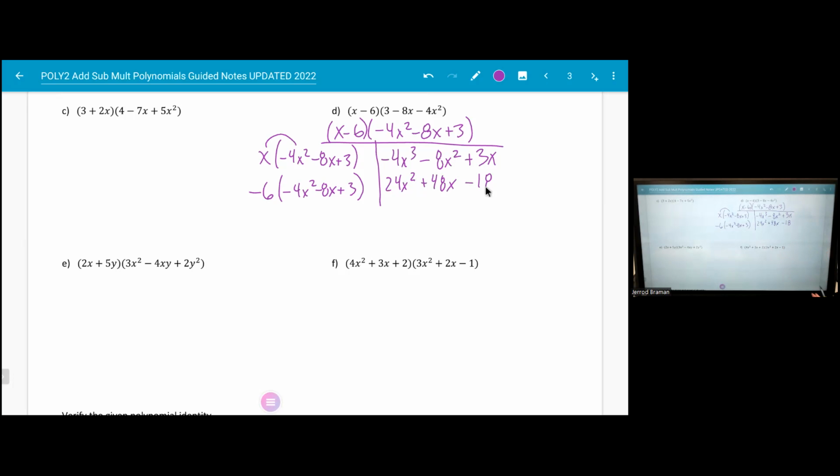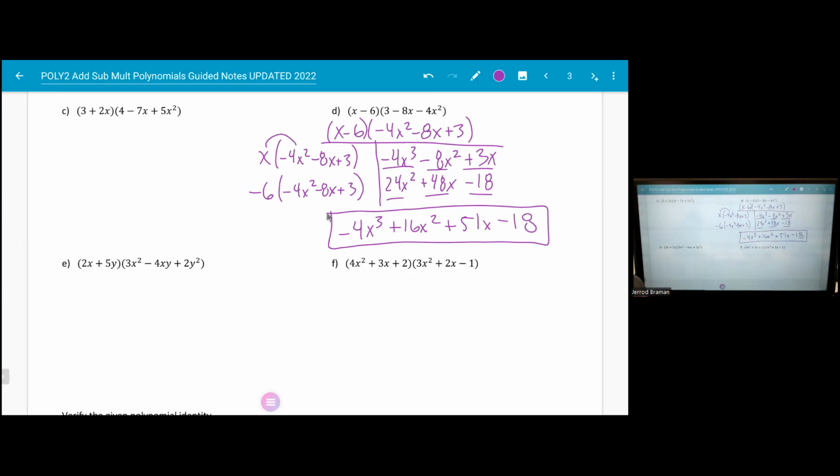Those are my 6 terms to combine. Combining like terms, I have 1 cubed term, minus 4x cubed. I have 2 squared terms, so plus 16x squared. I have 2 terms with x's, plus 51x, and 1 constant. I end up with negative 4x cubed plus 16x squared plus 51x minus 18.